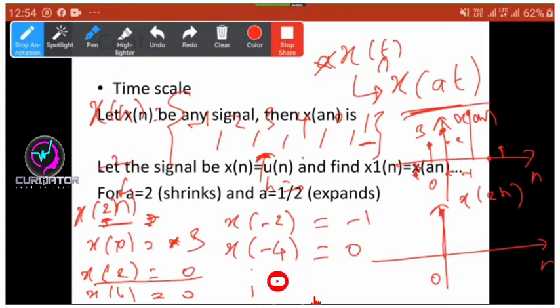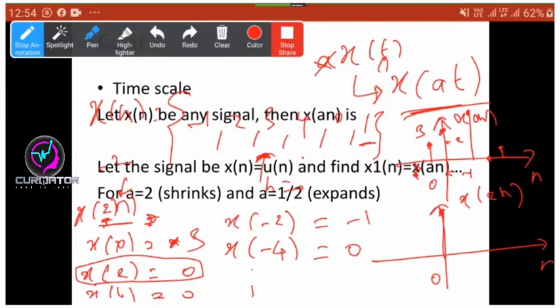Now if I plot this graph x of 2n, I get values like this. For n equal to 0, I get 3. For n equal to 1, that gave x of 2, which is 0, and n equal to 2 also 0. It continues this way.